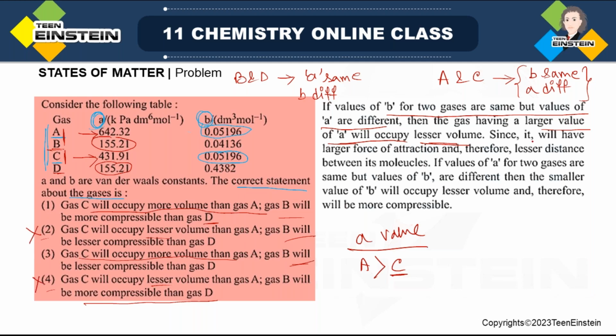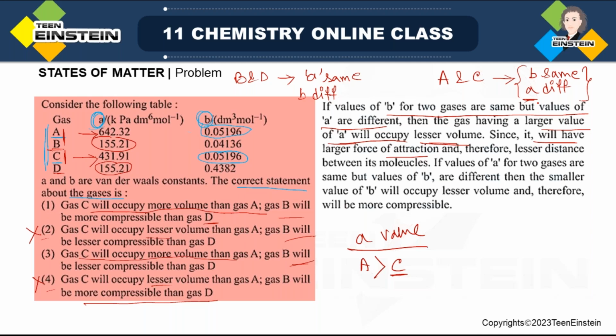Now why is it so? Since it will have a larger force of attraction. We know b is the same and a is different. Now a is directly related to intermolecular interaction. Remember, when we discussed the Van der Waals gas, I already explained the significance of small a and small b.